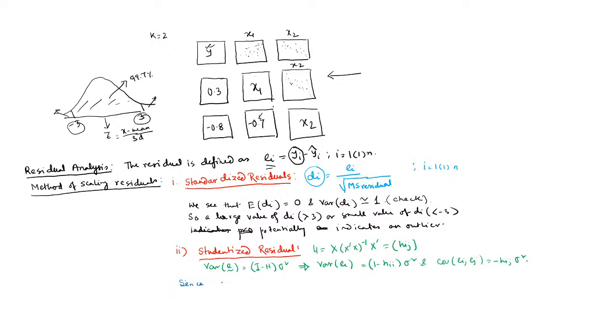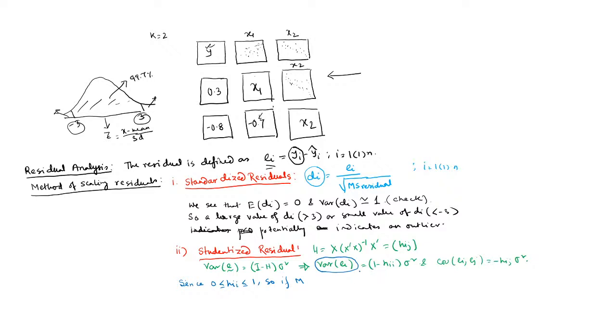Since 0 is less than or equal to h_ii, which is less than or equal to 1: because the variance of e_i is greater than or equal to 0, this gives h_ii less than or equal to 1.